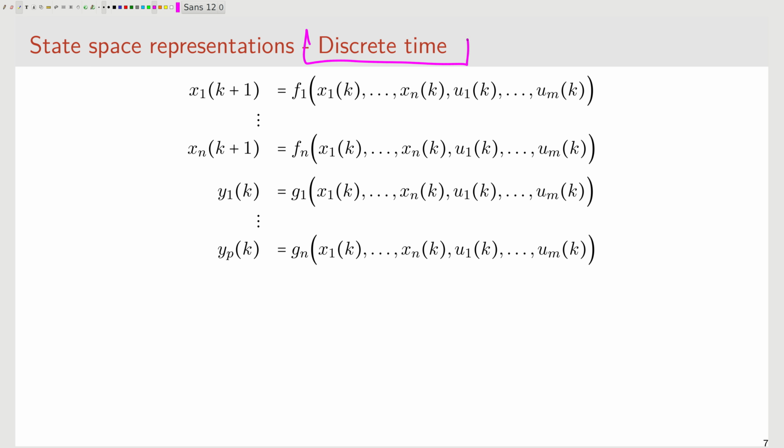In discrete time, we do not have first order differential equations, but first order difference equations, where the future state is a combination of inputs and previous states. The same structure as before holds here: we have n states, m inputs, and p outputs.